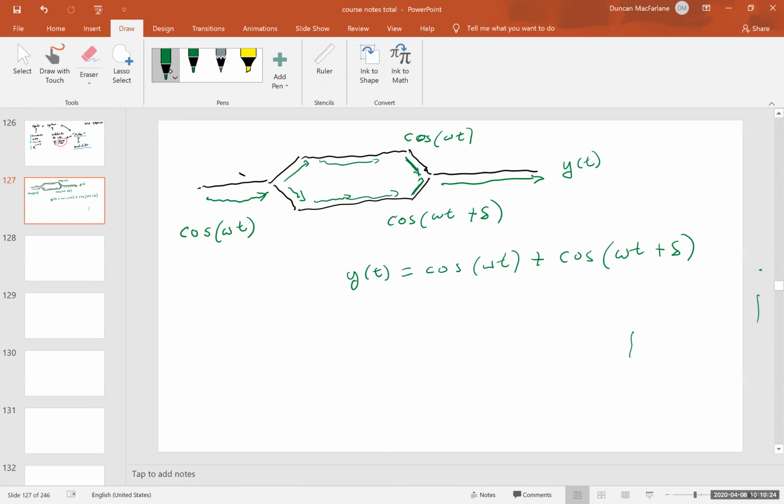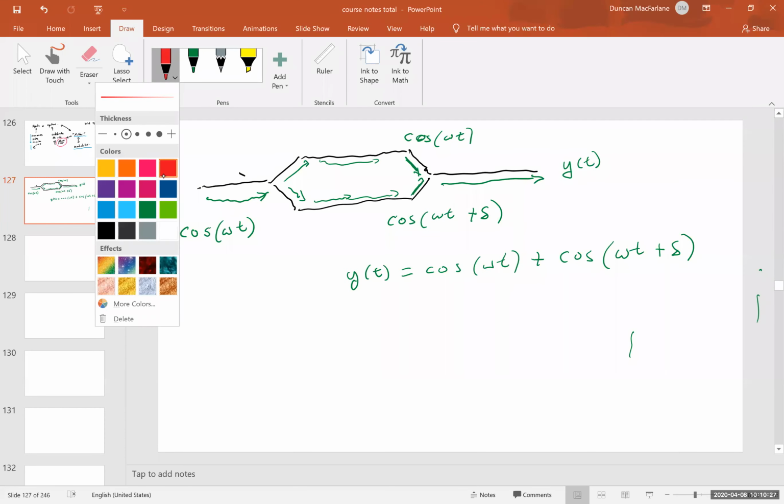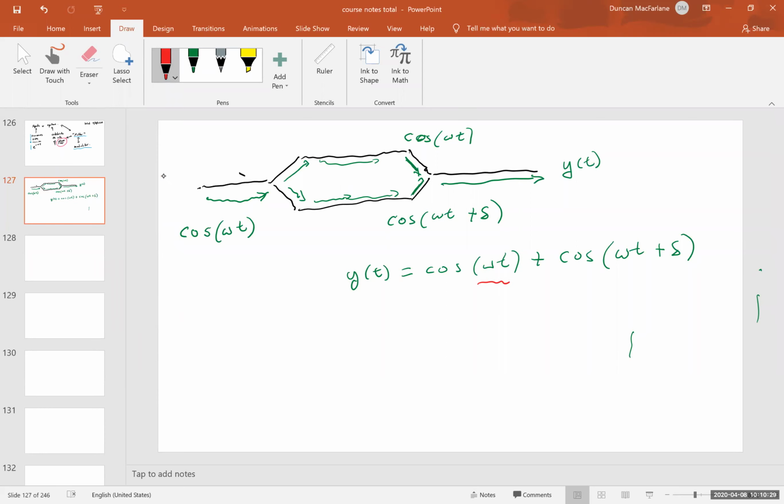And for every instance of omega t, delta can be either 0, it can be pi, or it can be somewhere in between.